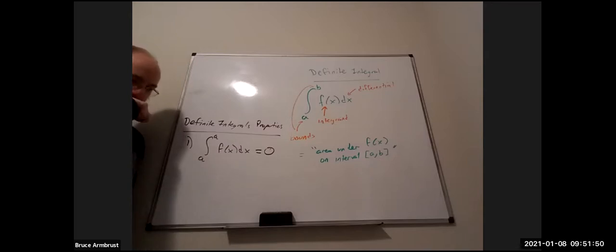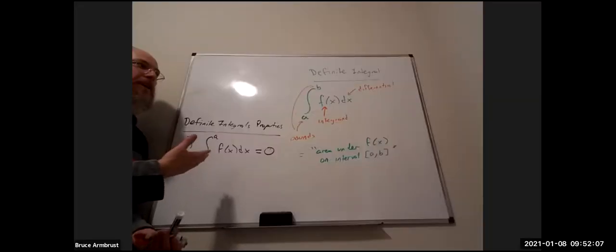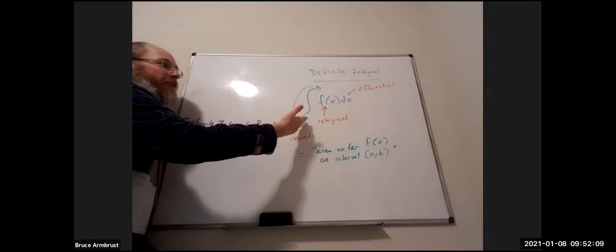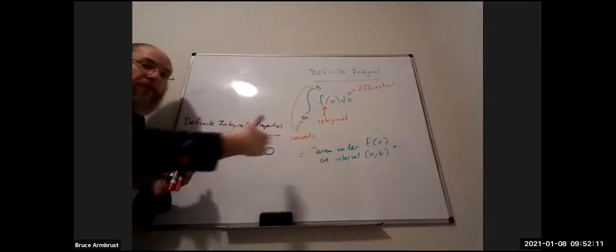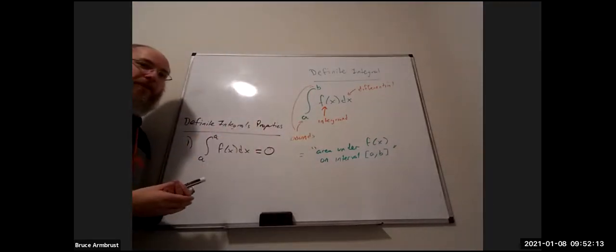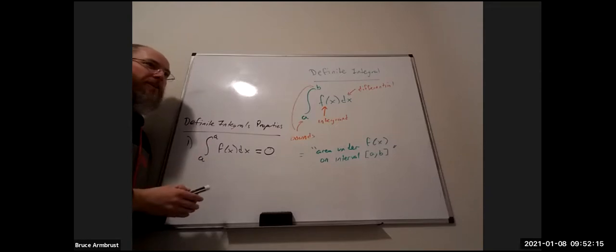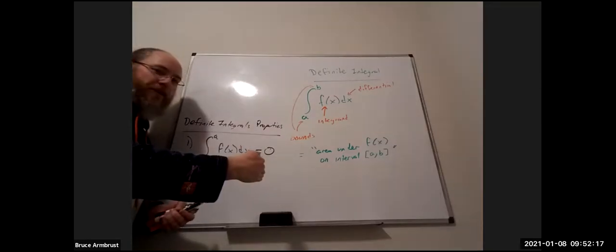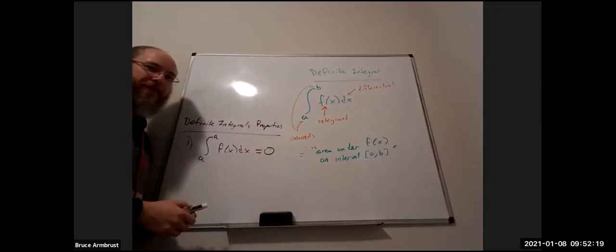And this should make sense. Can you see why that has to be 0? Because there is no interval. Remember what this is telling us? This is telling us where to search for the area under this function. Well, what's the area under a function from one point to that same point?